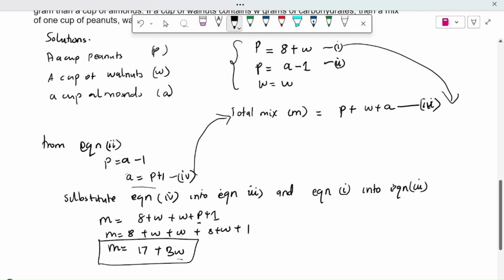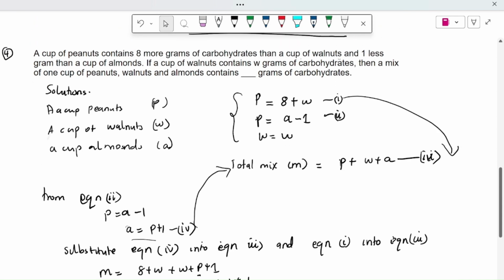So it depends on how you do the manipulation of this question. And you already know that the value of walnut is the same, so you don't need to make the substitution. You already know that omega is equal to W for the value of the walnuts.